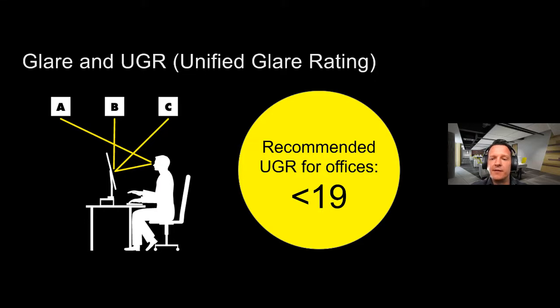So it's of course a subjective evaluation, if light feels uncomfortable and it not necessarily affects your visual performance, but is just uncomfortable. So in office lighting, this unified glare is rated by below 19 as a value. So everything above 19 would be uncomfortable and not recommended.